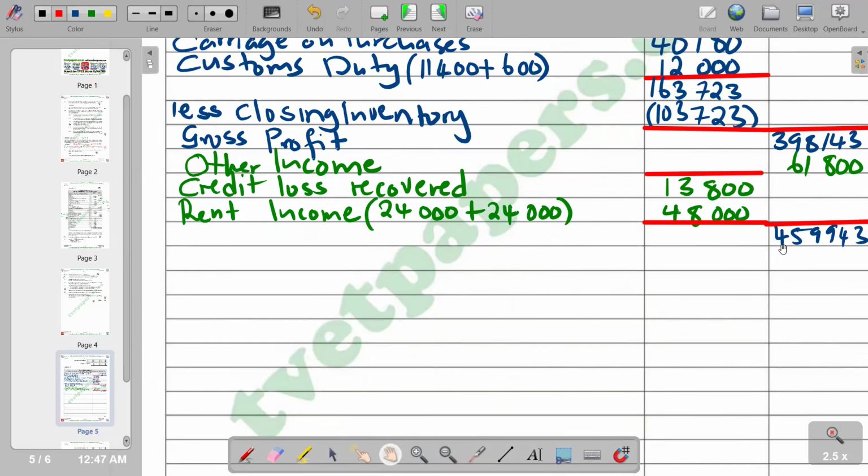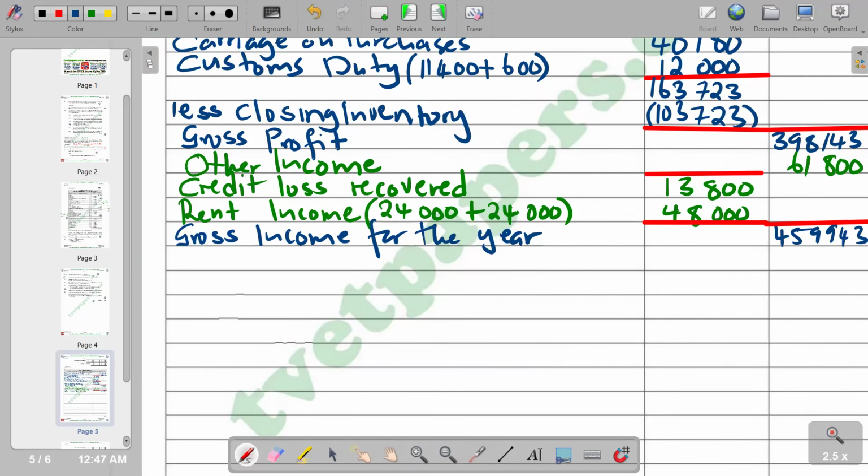So the figure that we got here becomes our gross income for the year. So we are saying gross income for the year. So this is what we have.